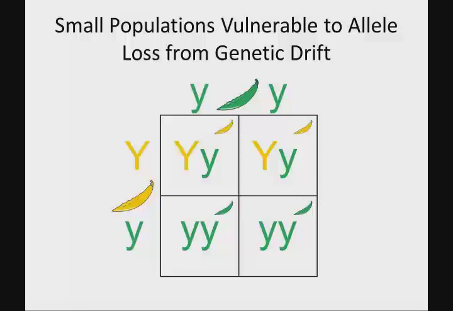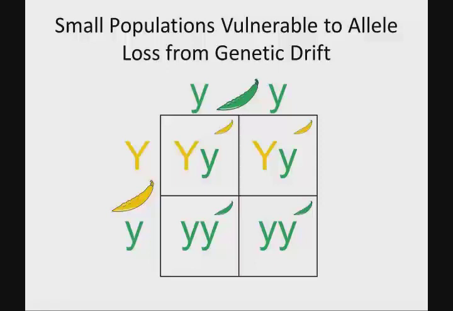Let's say the yellow breeds with a green, because there's only greens around to breed with. And you can see here, based on this Punnett square, that 50% of their kids are going to be green. Now, the other way to say that is that every time they make baby pea plants, there's a 50% chance that they'll be yellow and a 50% chance that they'll be green.